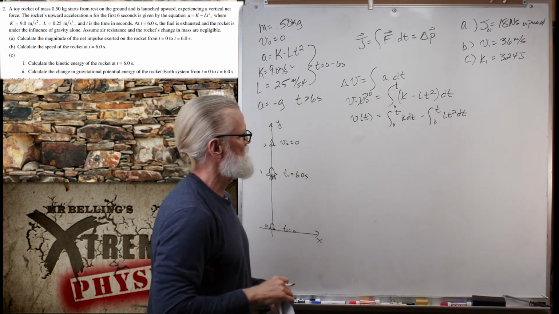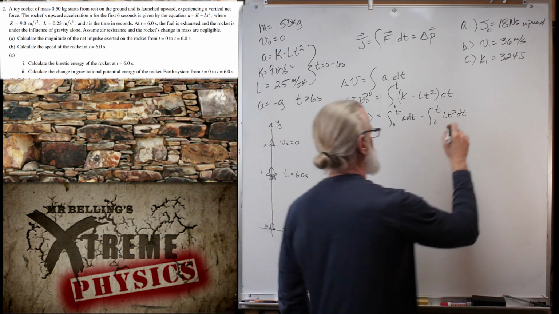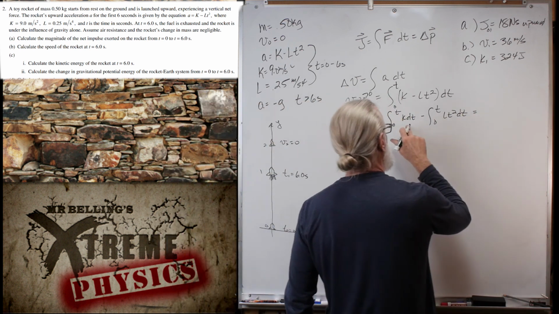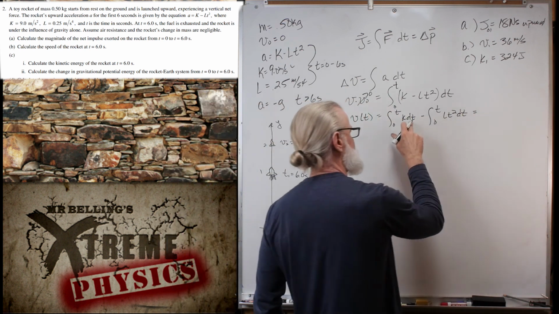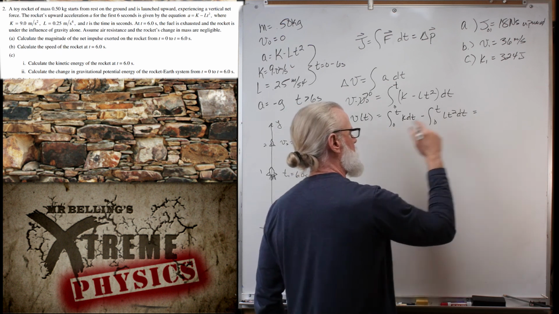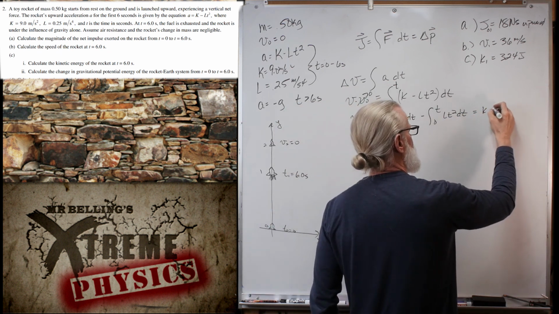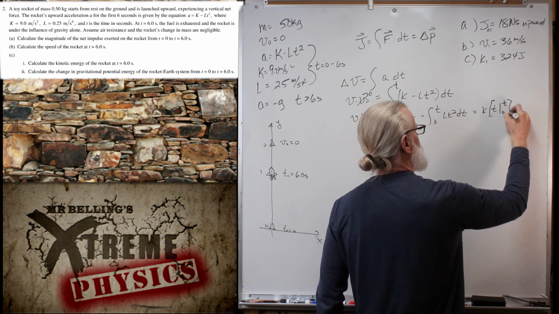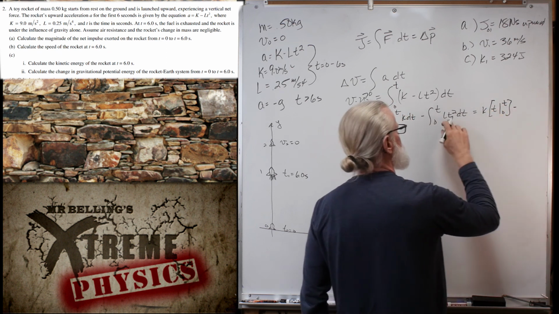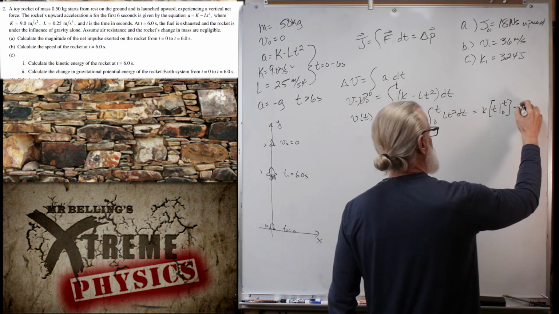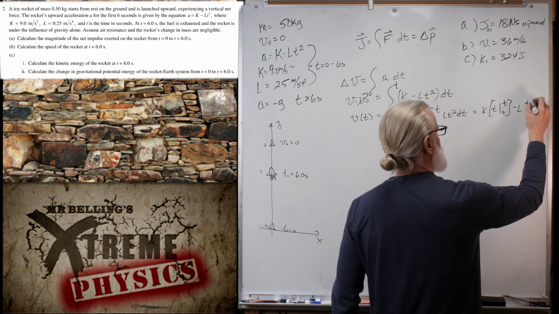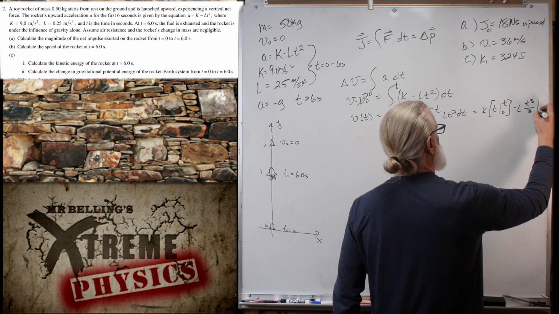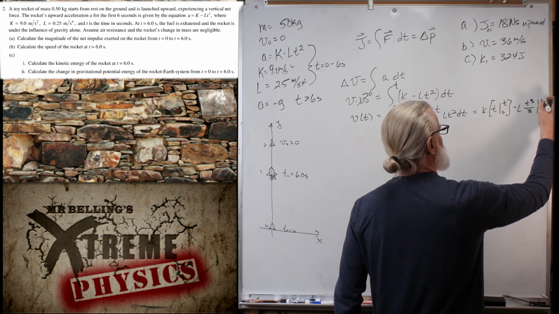And then I'm going to go one step over. That is just the integral of dt, because k can be pulled out, and that's k times t from 0 to t, minus, again, I'll bring the L out, t cubed over 3 from 0 to t.